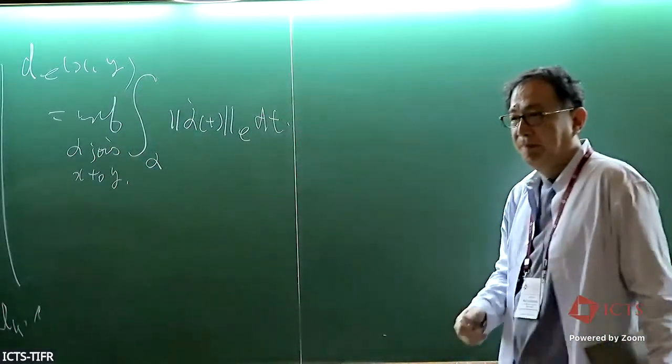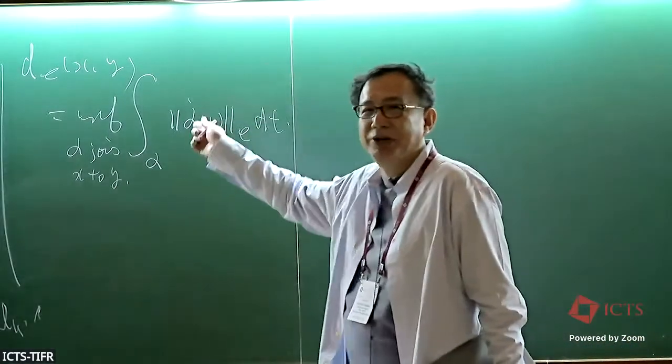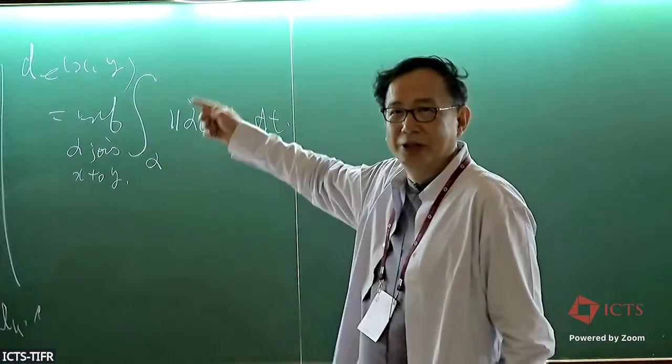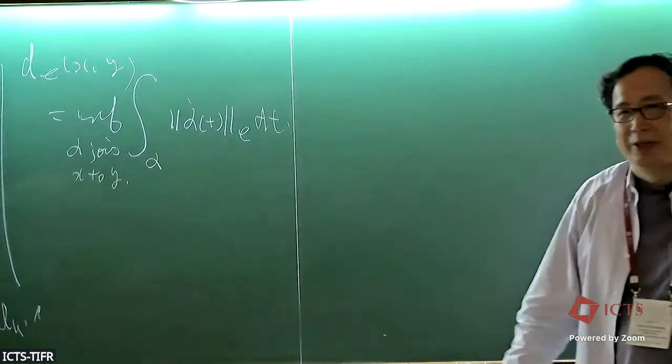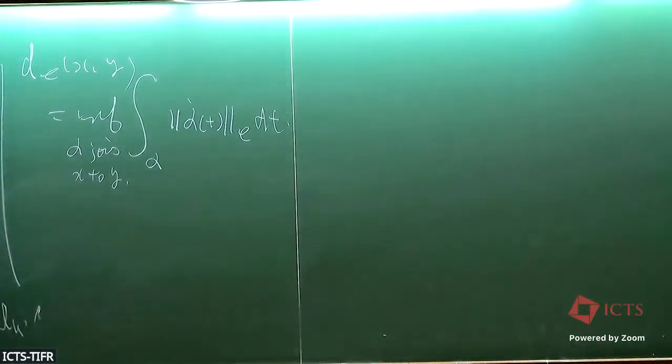This is just the definition of the Finsler metric as appeared in Bank Stuart's talk. Again, this is asymmetric, so there's no symmetry for this metric, but you can define a metric.